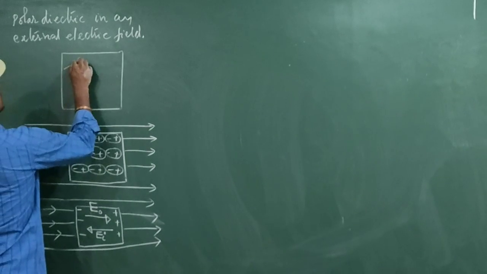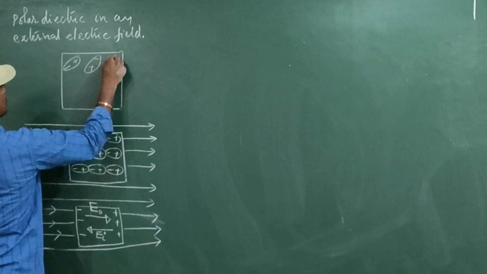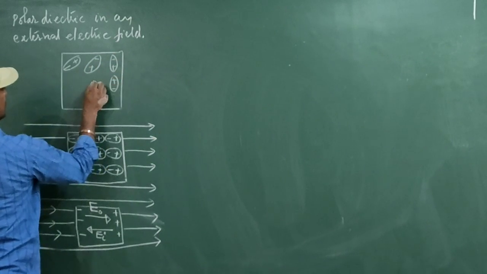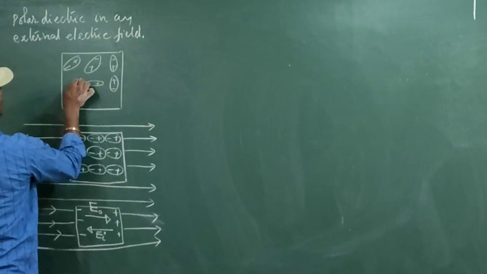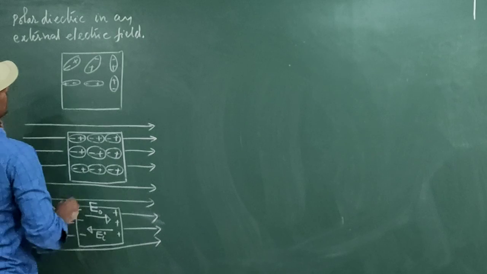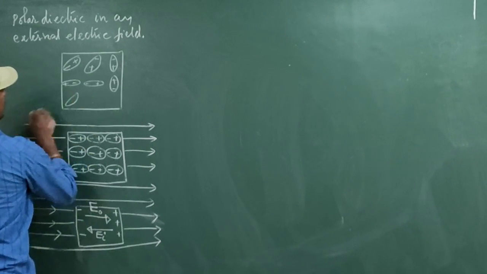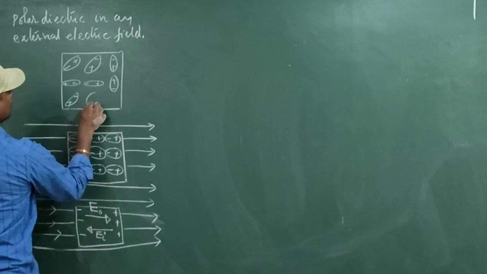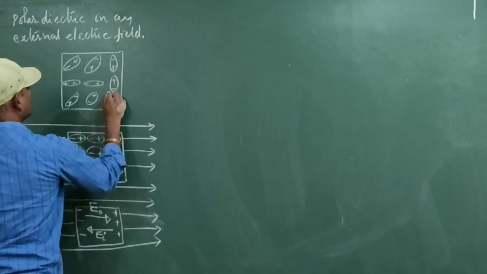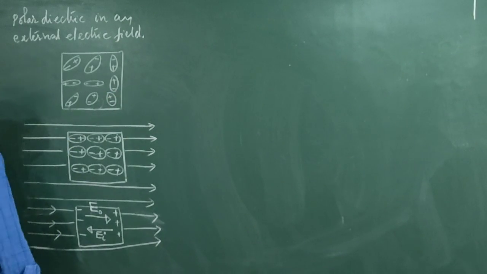Let's say there is a negative charge, positive charge, and so on, with each molecule a dipole.